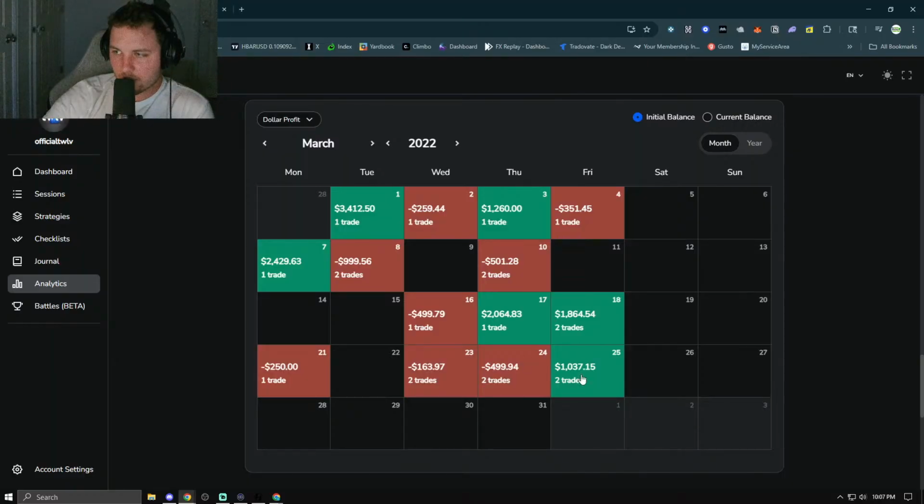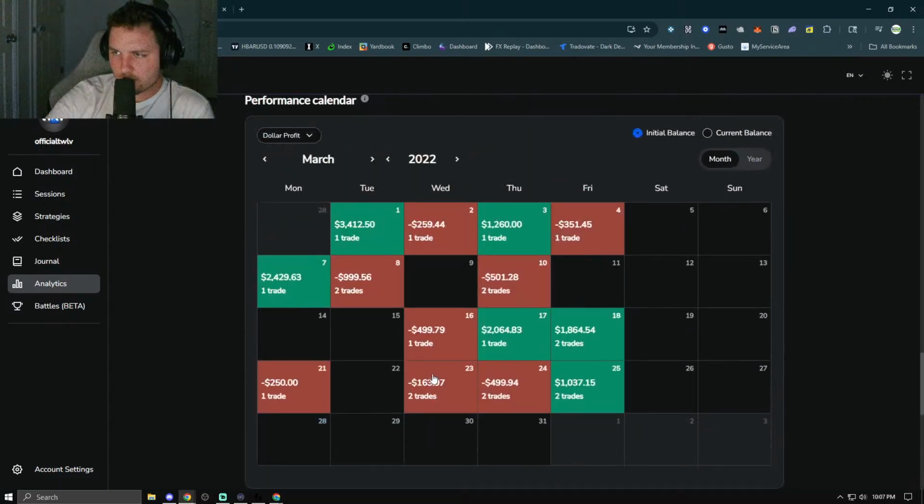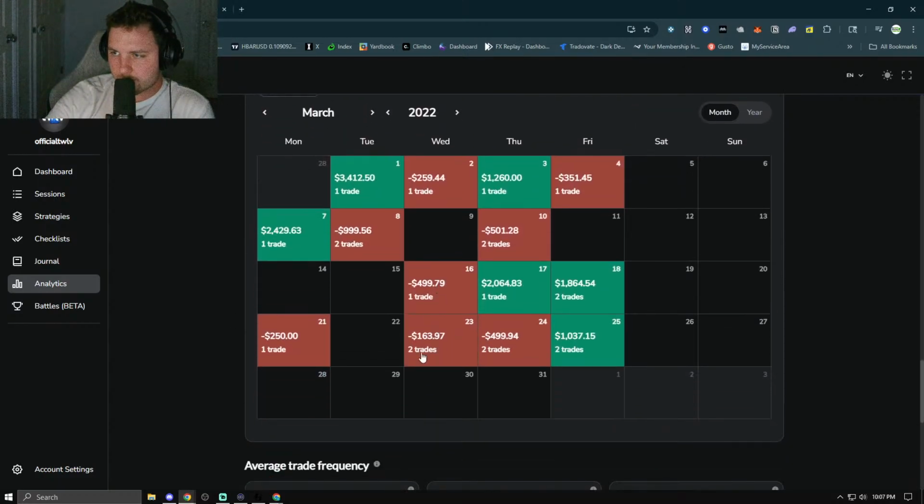We size up on that decent trade. We pyramided. I should have sized like 1.5%. Maybe not. But 1% right there, and then 0.5%. 2 trades. I wish I could go into it. We cut our loss pretty quick there because we risked 250 and only lost that much.